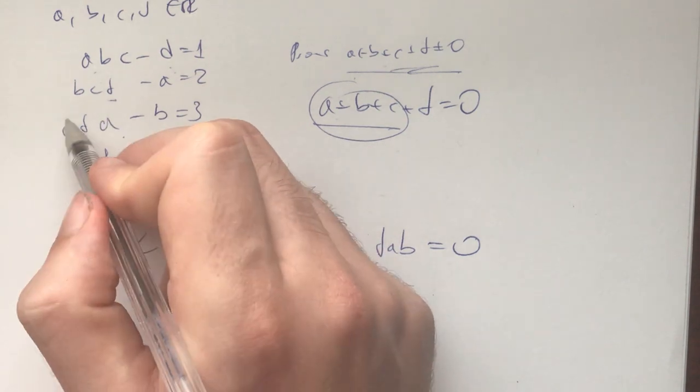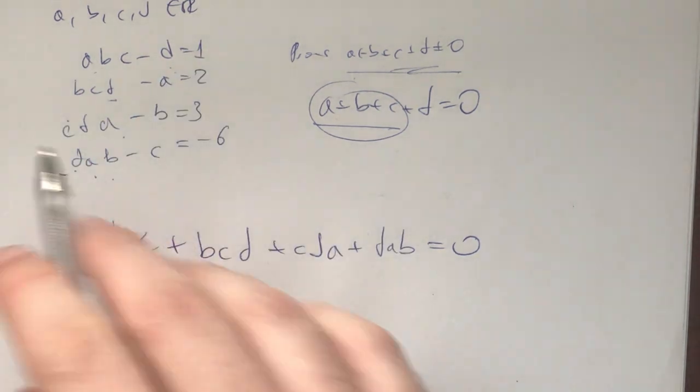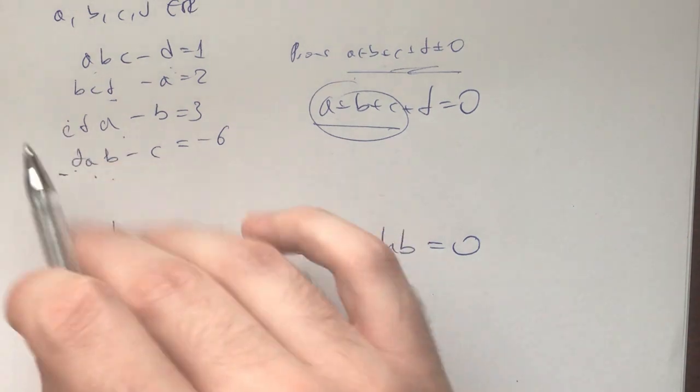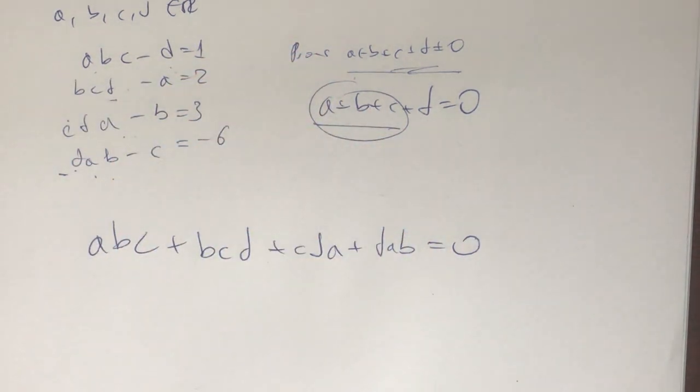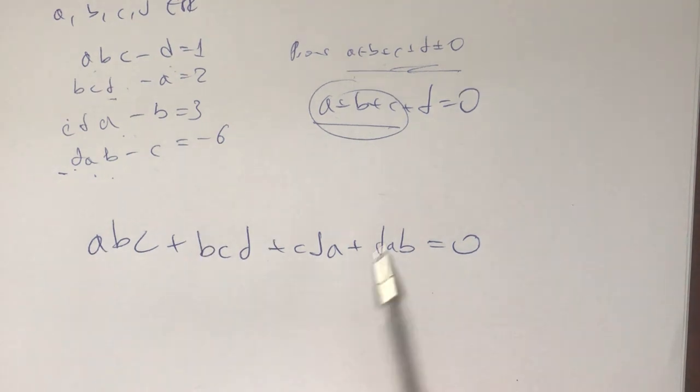I think I would get a pretty high polynomial equation to find A, B, C, D, and that would be very difficult and complicated. Before that, I would like to do something simpler, which is adding these up and seeing what happens.